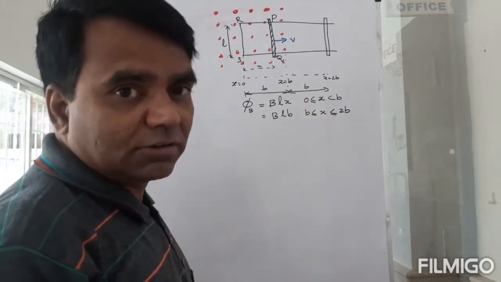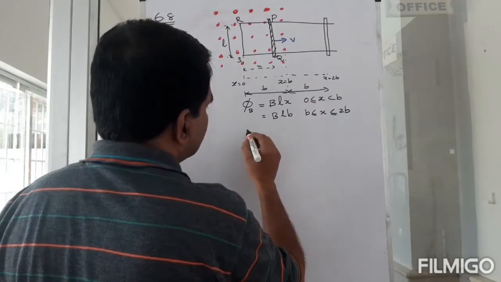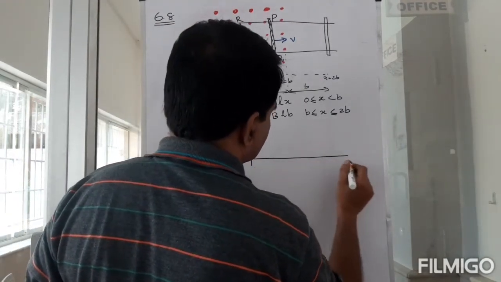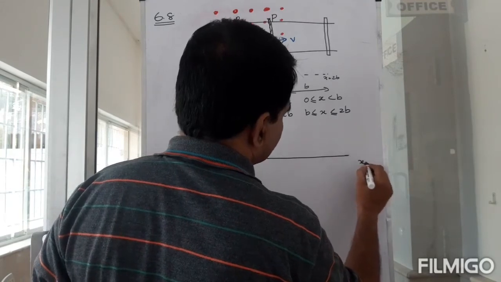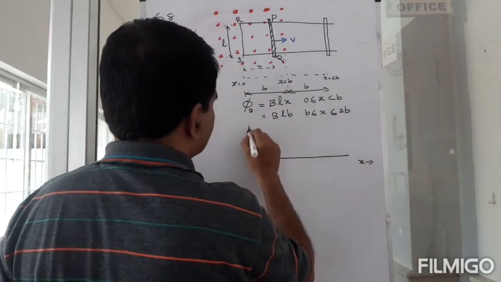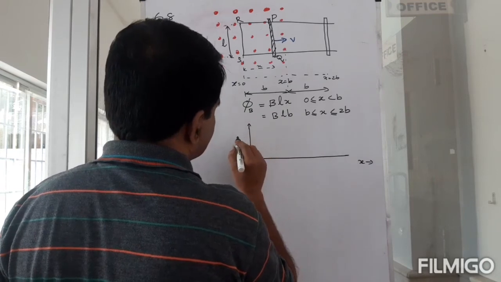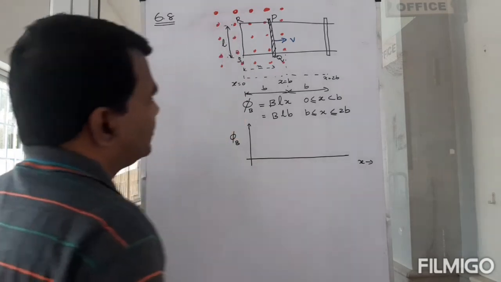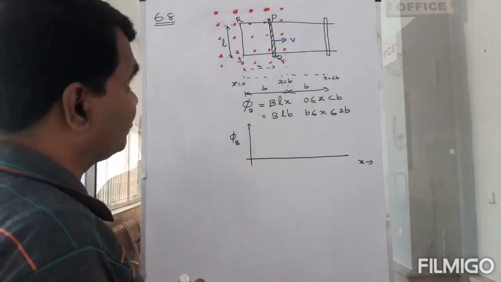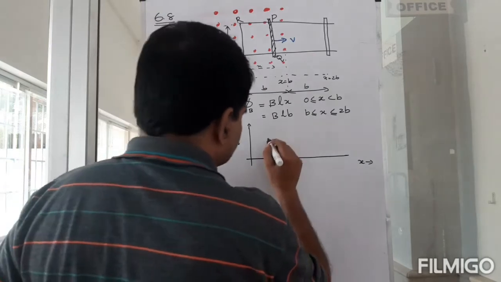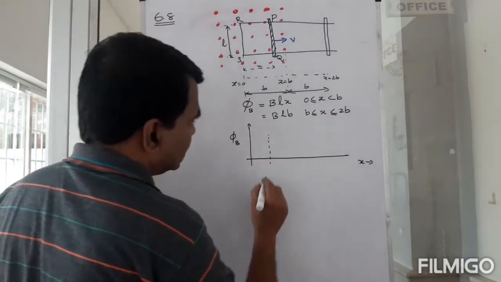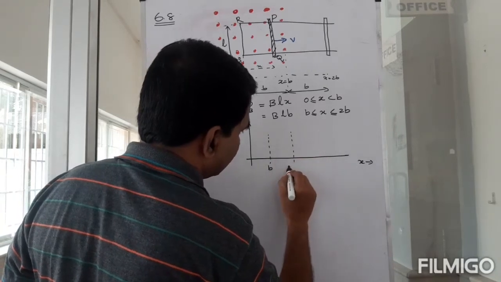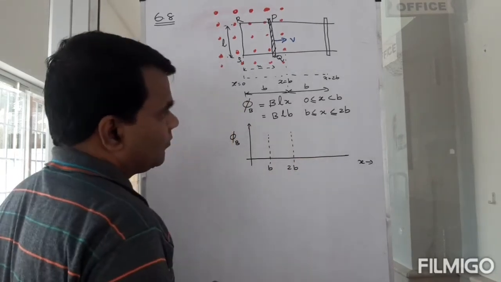And if we were to draw the graph for it, how will it be? I'll have the distance x here, and this will be my phi B. This is going to be B. This is going to be 2B.